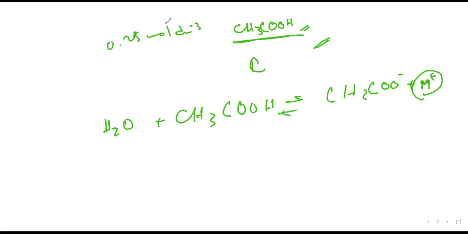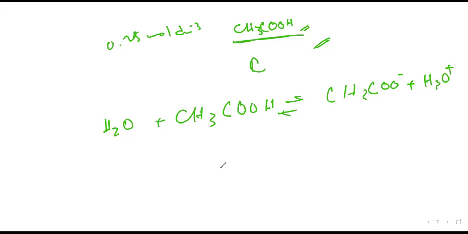They form hydroxonium, as we have just seen previously, H3O plus. Forming this hydroxonium ion causes an imbalance in their concentration.